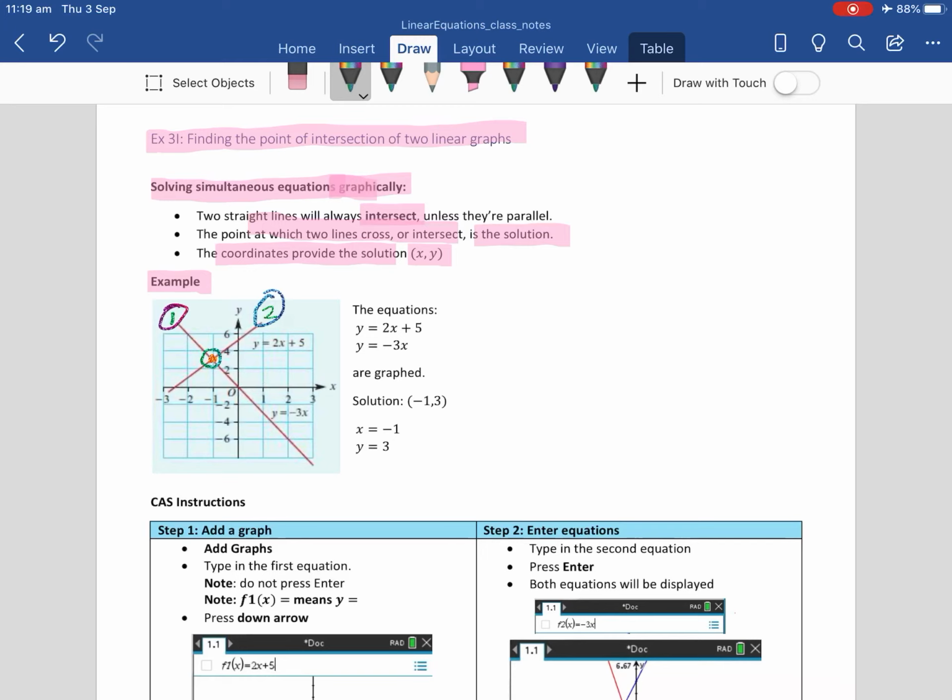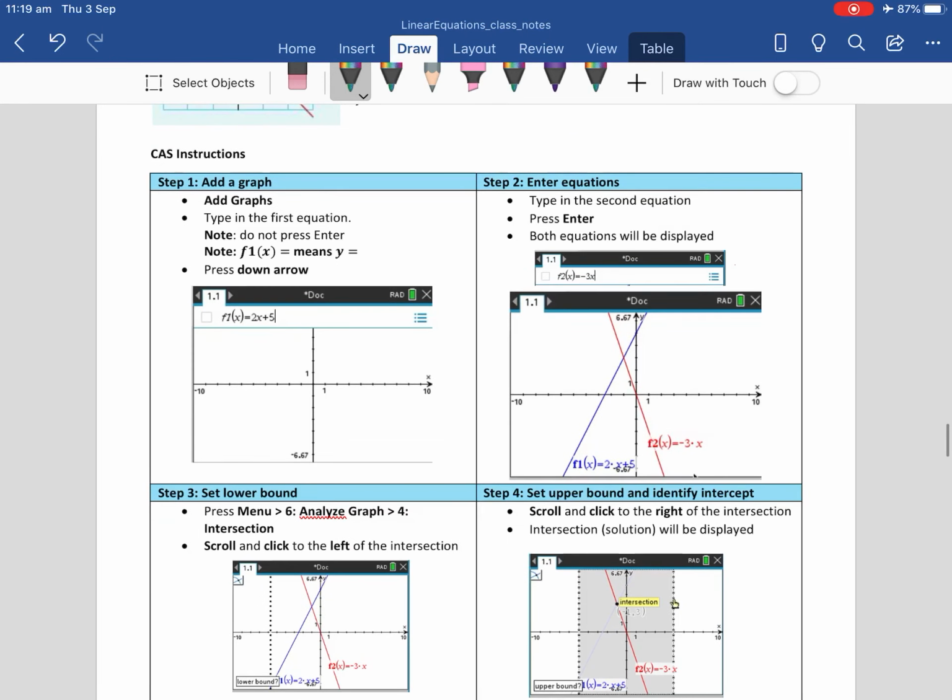So from looking at that, they cross over at negative 1, 3. So that's the solution, okay? So like it says here, all it is is graphing your two lines and finding where they intersect and then giving the solution, so the coordinate of where they cross.